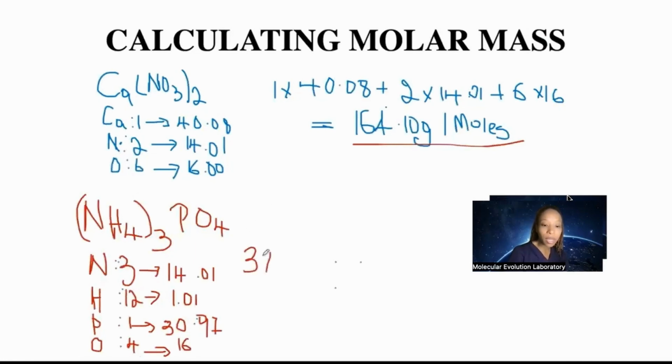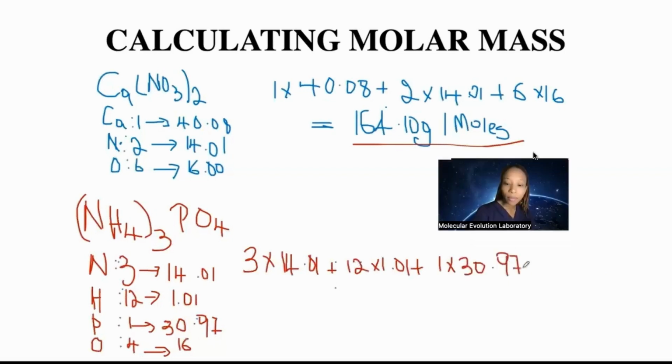So 3 times 14.01 plus 12 times 1.01 plus 1 times 30.97 plus 4 times 16.